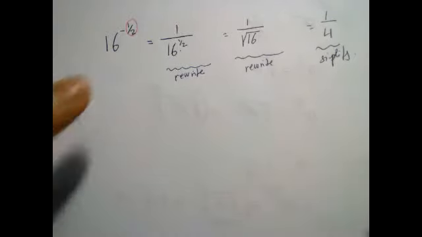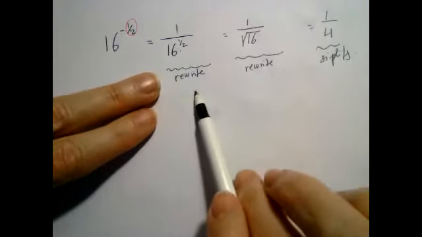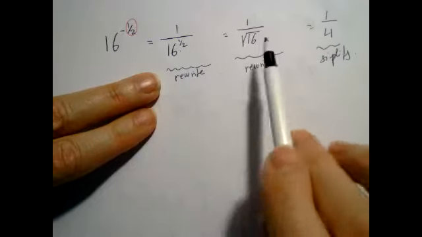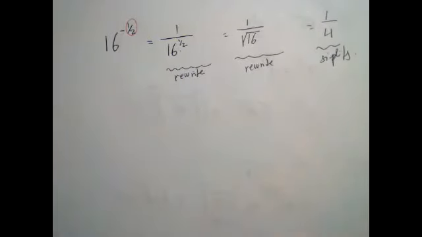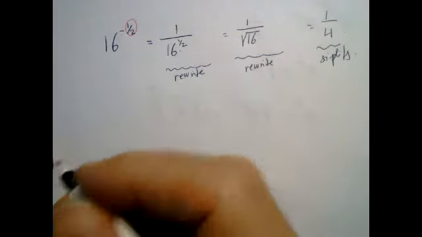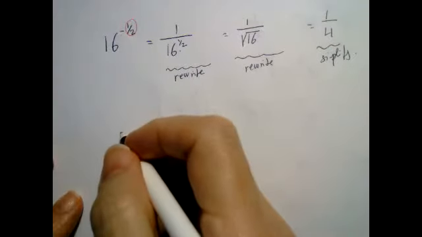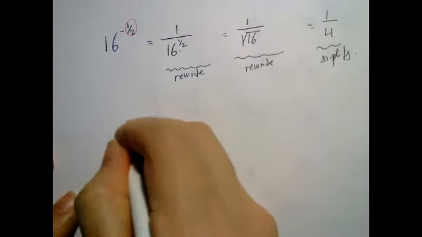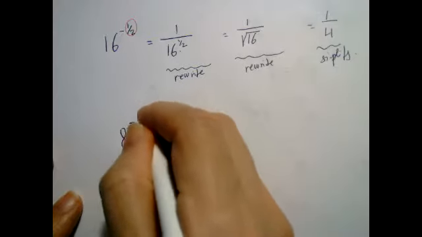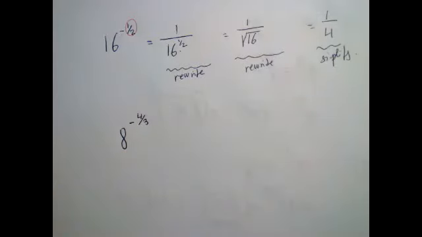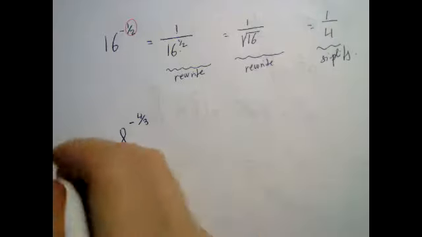Okay, that's how I want you to move. So that's the rewrite. I don't want fractional. That's the square root. Then it will become 1 over 4. Okay, the last one. Since you're messing up with this minus, I'm going to pick another one. Where's the minus? So 8 to the minus 4/3, which is j in this problem.